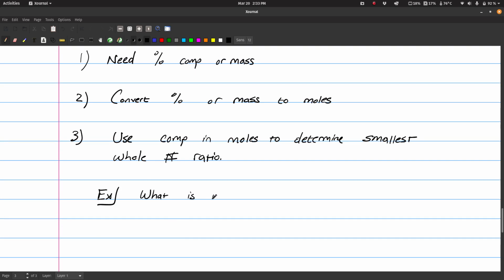What is the empirical formula? This one's a little easy, but the next one's not as easy. What is the empirical formula? Let me rewrite that.